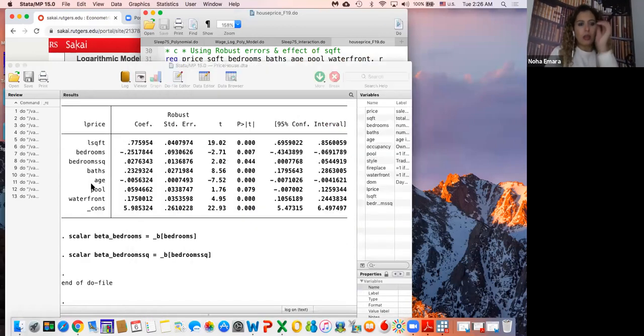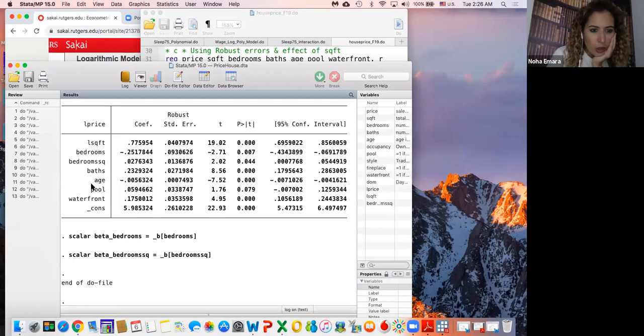I regress the model and I can see statistical significance, and I see that bedrooms decrease the price at an increasing rate. All these coefficients are statistically significant, even the square term, so the model is quadratic.